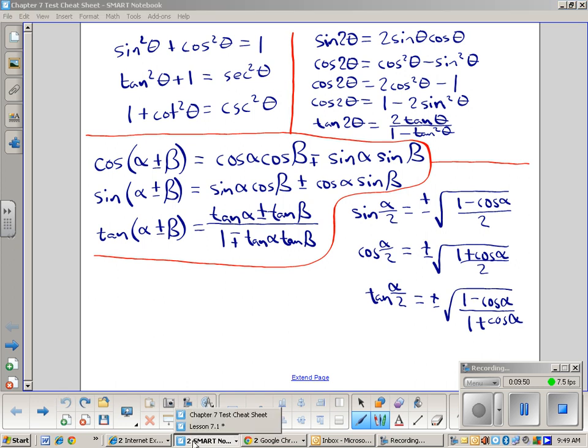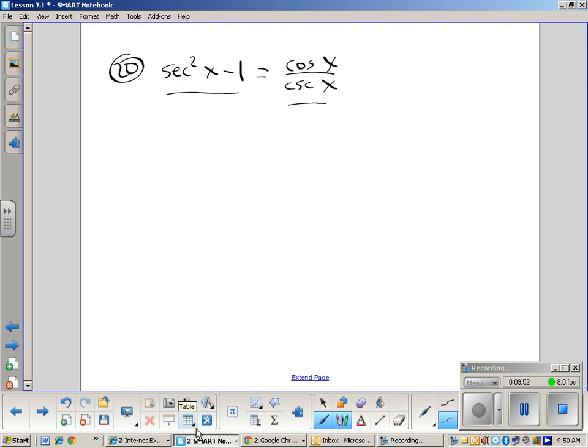I'm sorry, I said sine squared theta. I meant to say secant squared, which is what it said. So this is equal to tangent squared x plus 1 minus 1 is going to equal cosine x over, would you agree that cosecant is the same as 1 over sine?